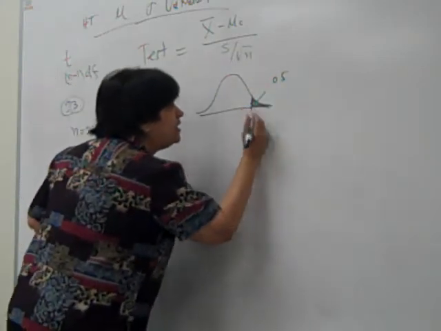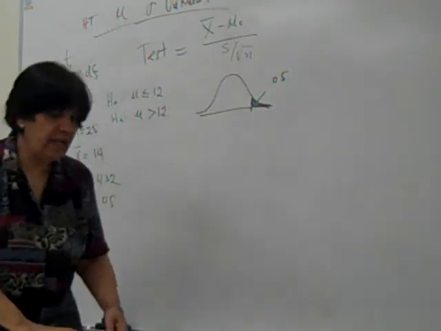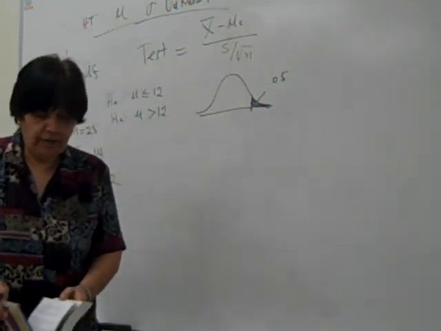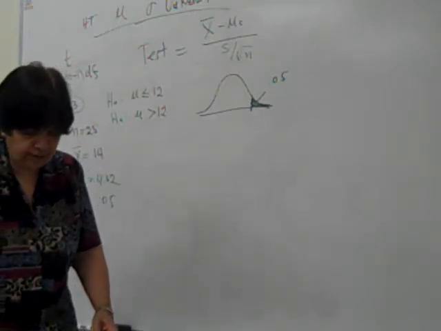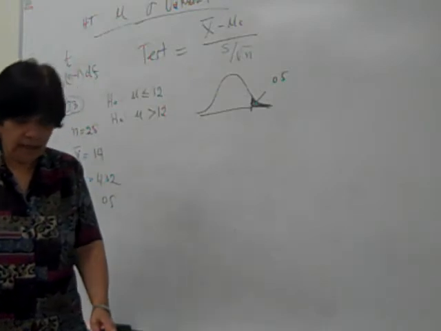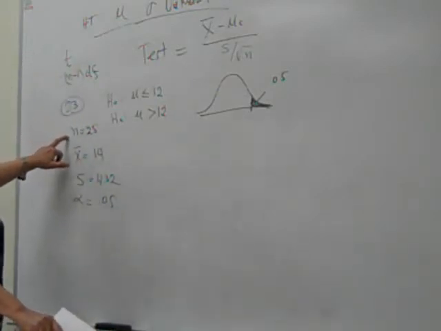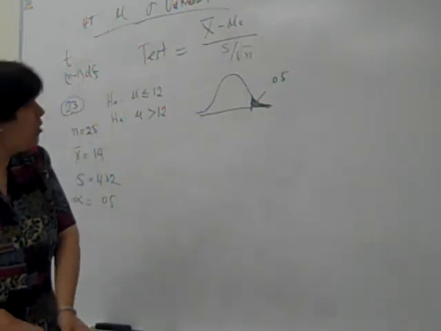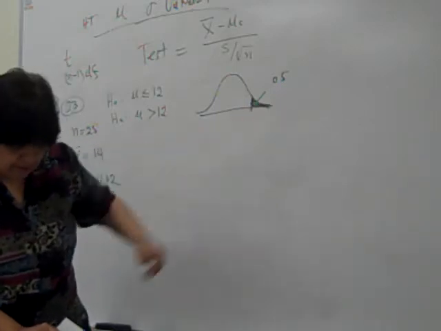What is this critical value over here? Instead of going to the Z table, we have to go to the T table, this T distribution, and look for n-1 degrees of freedom. 25 minus 1 is 24. And we need to know what is this critical value over here.